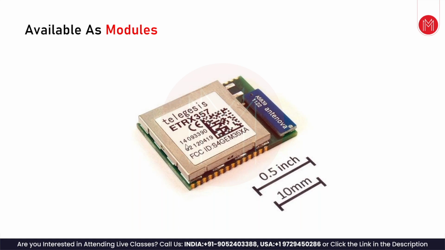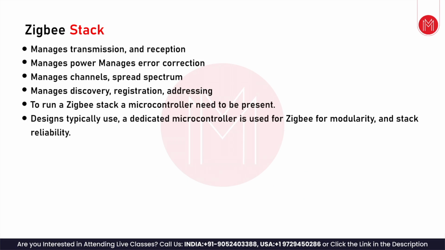Underneath this, you will see the microcontroller that handles the Zigbee stack. The Zigbee stack, similar to Bluetooth, manages transmission, reception, power, error correction, channels, spread spectrum, discovery, registration, and addressing. All these things are handled by the Zigbee software.